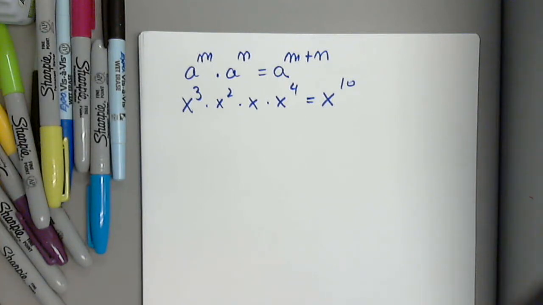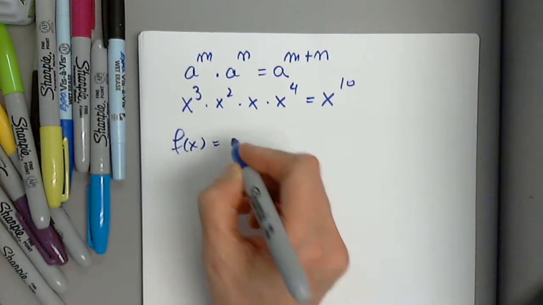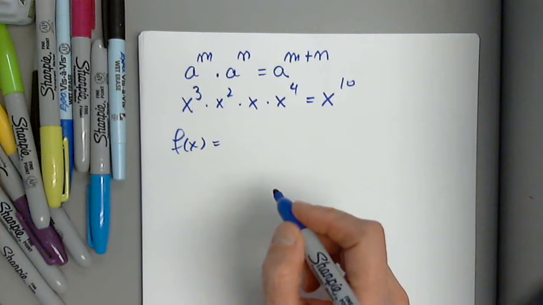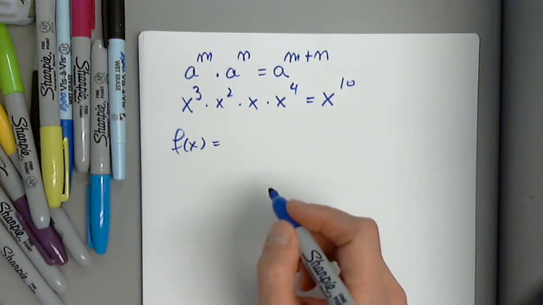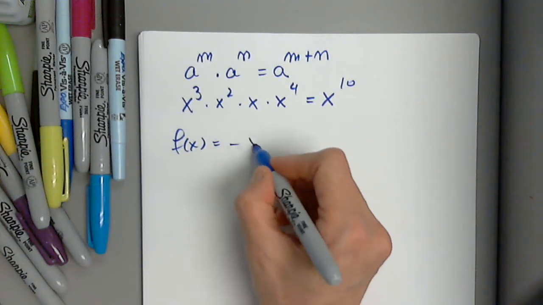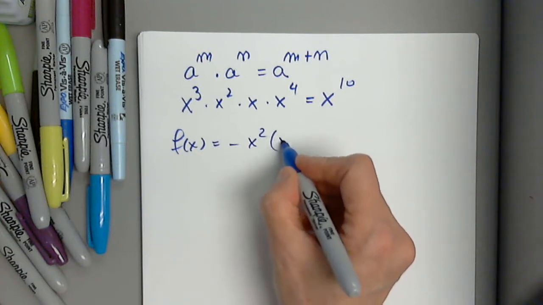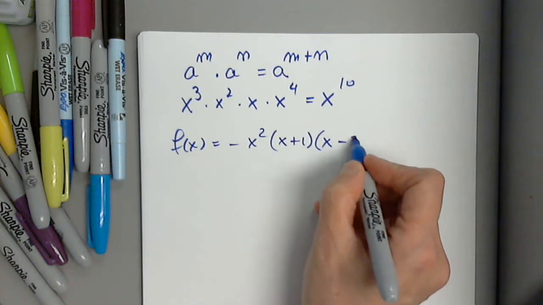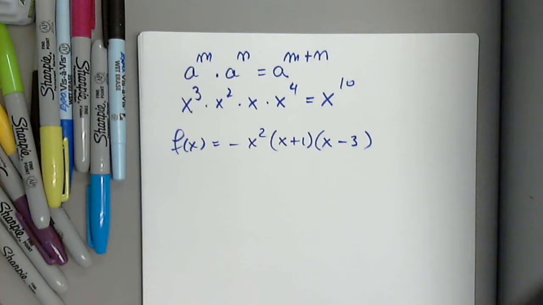Okay, so we want a degree of, you said even? Any particular one? Is 4 okay? Okay, so let's say negative x squared, x plus 1, x minus 3. What is the degree of this polynomial?